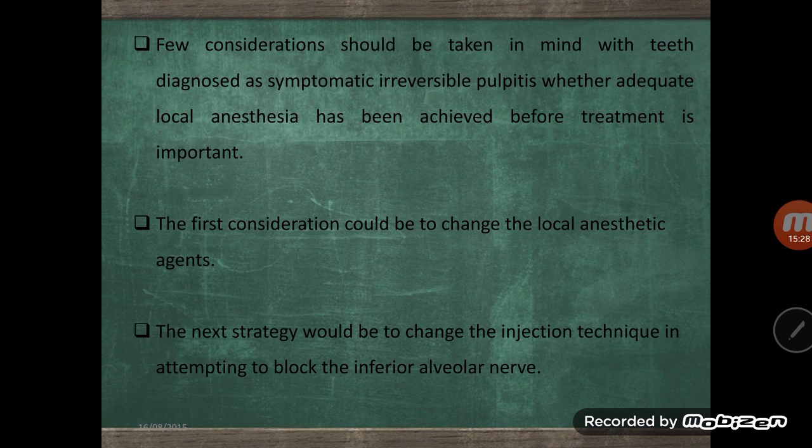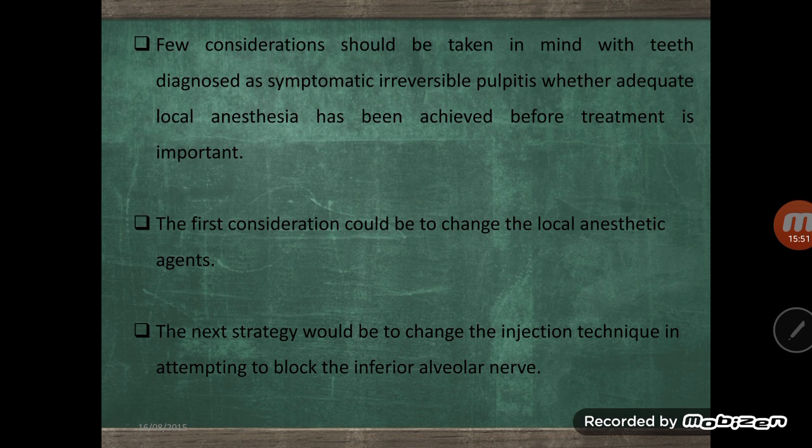A few considerations should be kept in mind with teeth diagnosed as symptomatic irreversible pulpitis. Whether adequate local anesthesia has been achieved before the treatment is important. If we want to proceed to root canal treatment, definitely anesthetic effect is required, and that is the first consideration you need to pay attention to in a hot tooth.